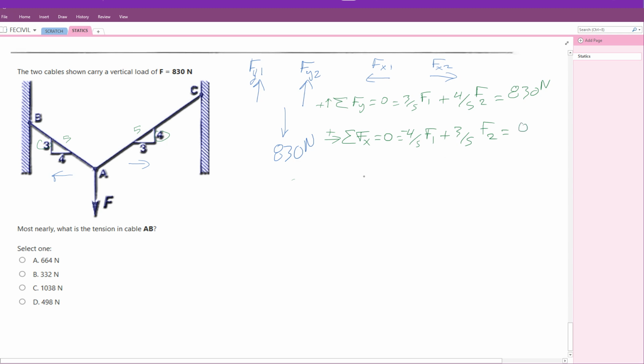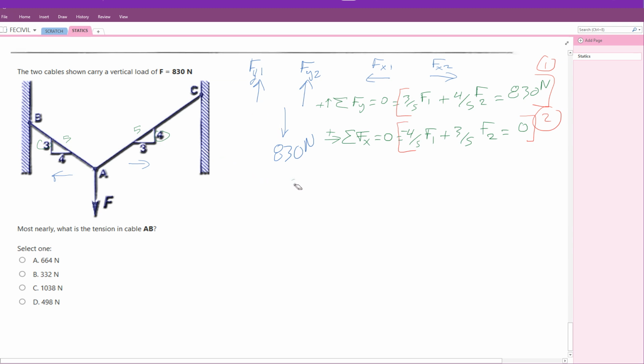Now we can use substitution. Let's call this one equation 1, and this is the second equation right here, equation 2.